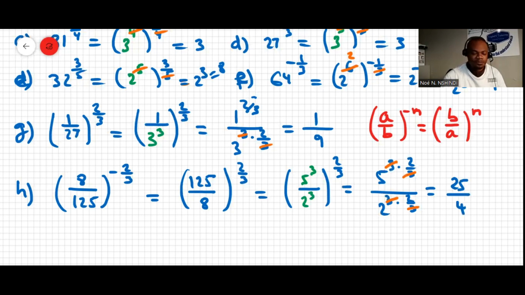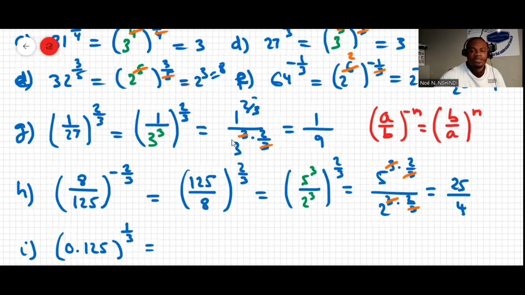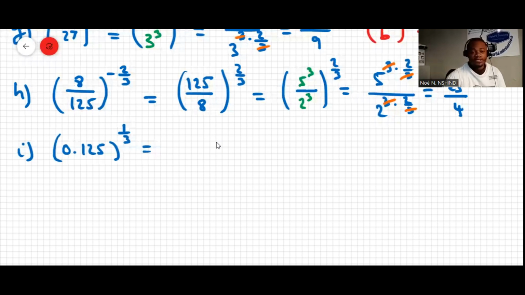And then I, we have 0,125 raised to the power 1 over 3, and then 0,125 can be written in fraction form as 1 over 8, or we can say 125 over 1000, but I prefer to write the simplest form, 1 over 8.